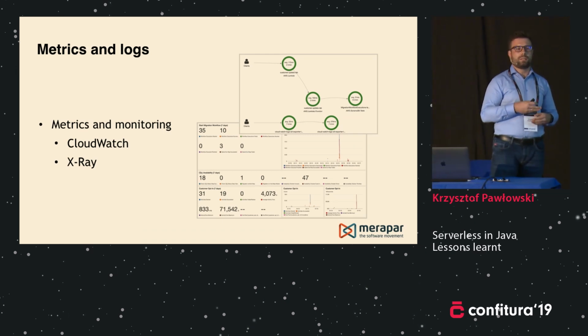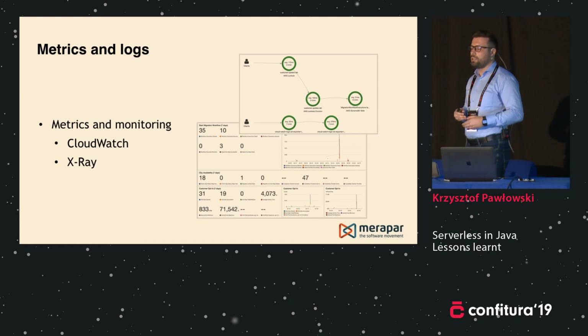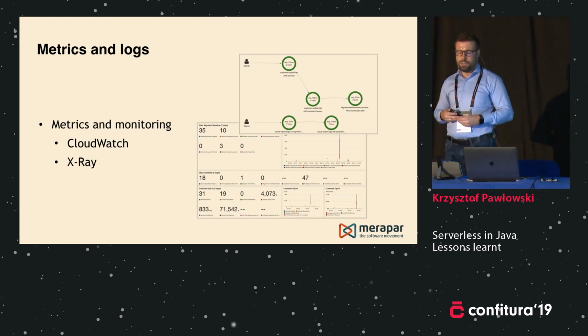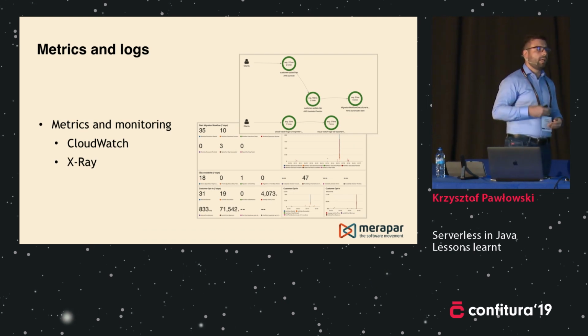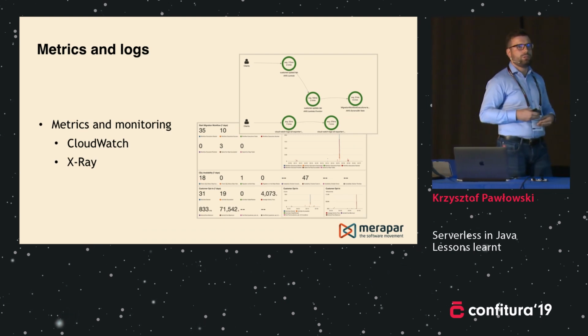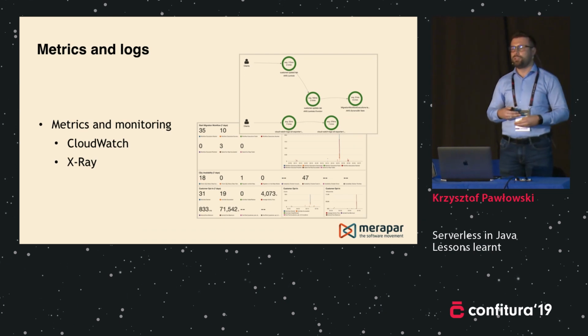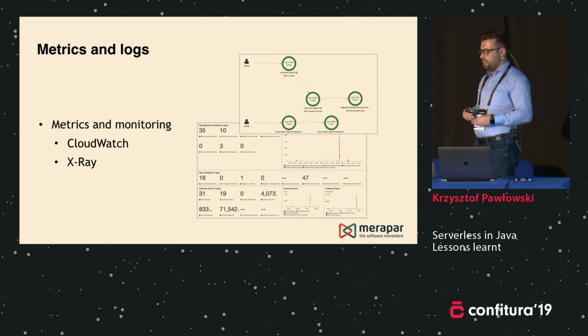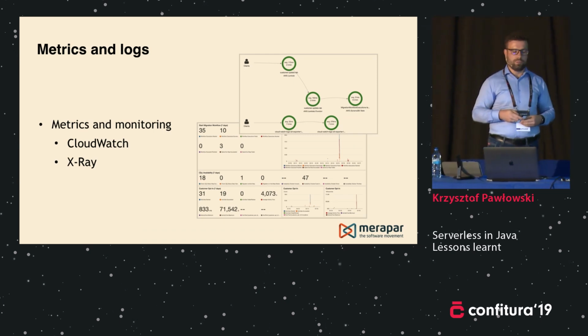We could also trace a single request to see what the timing was, and this tool helped us a lot when we were investigating performance issues in our application. It's again powerful tooling that you don't even need to configure. You get it out of the box if you are using the clients from AWS to call AWS services.